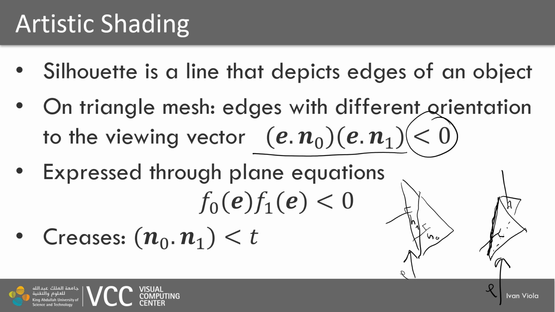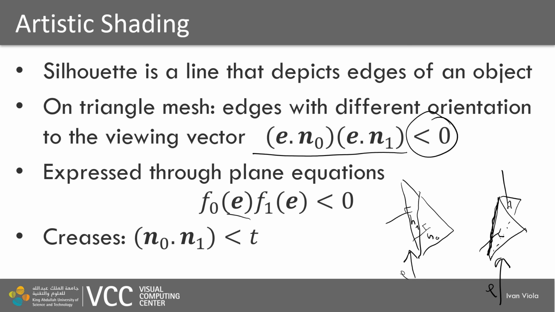This can be expressed also in a different way, not creating the dot product between the normals and the viewing direction, but actually evaluating the implicit plane function of the plane where the triangles lie.